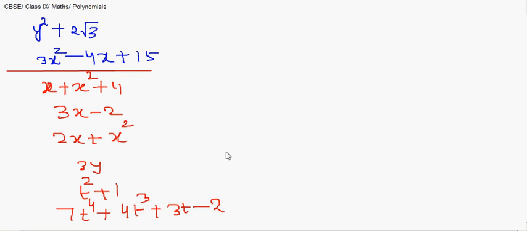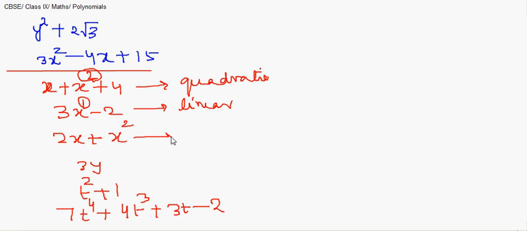Now this first one has a degree of 2, so this is referred to as a quadratic polynomial. The second one has a maximum power of 1, so it is a linear polynomial. Again, this one will be a quadratic polynomial.